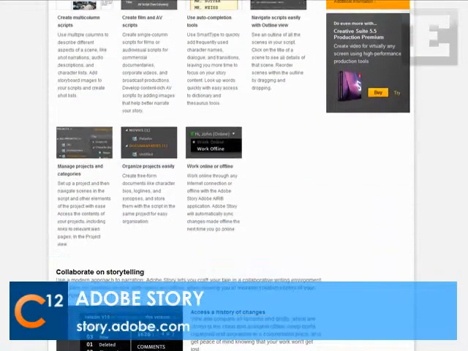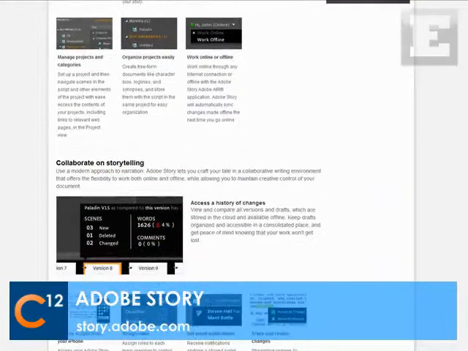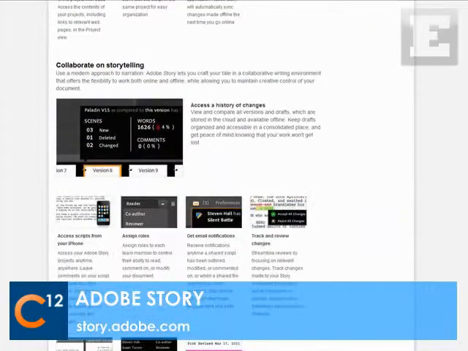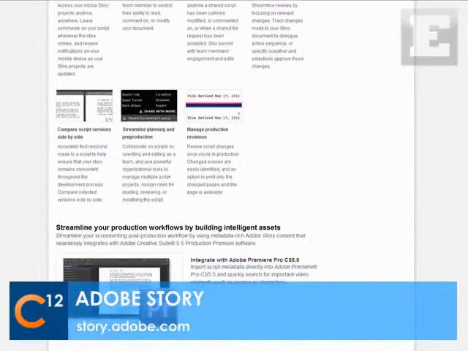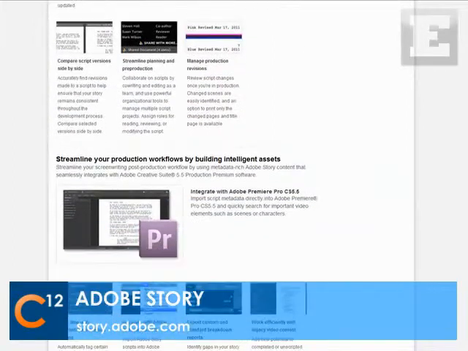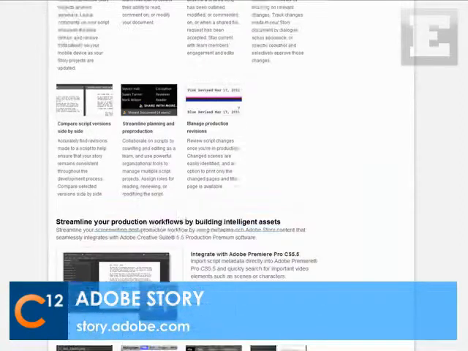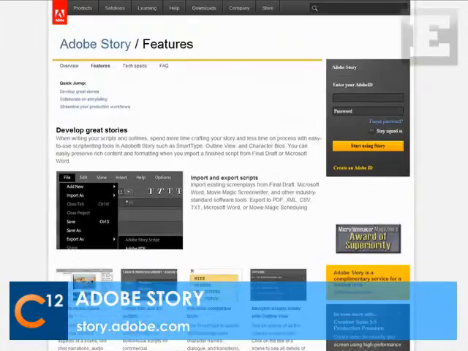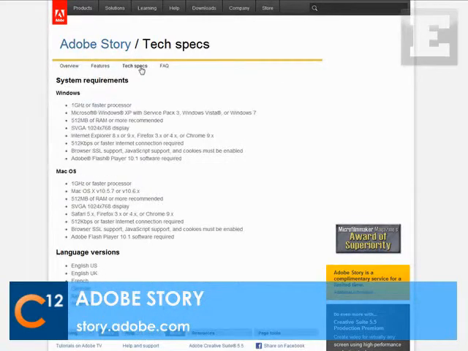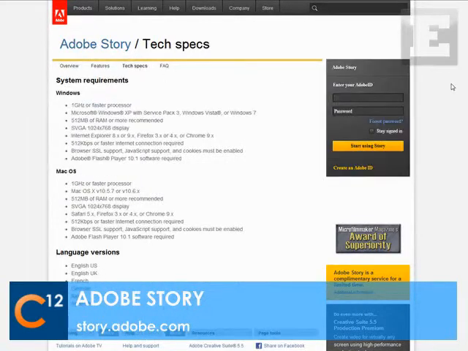But it's a great standalone tool as well, and it allows students to not only organize their own stories and their own thoughts and multimedia content, and the way they work out a story, but also to collaborate through Adobe's online hosted services.